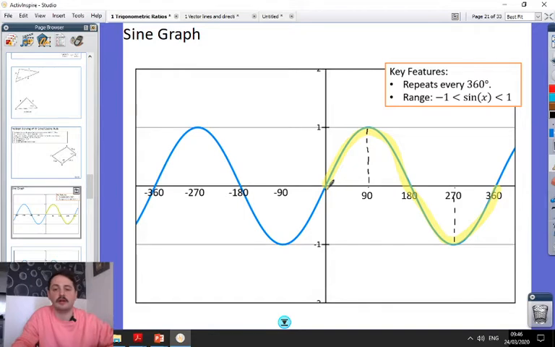Now, the sine graph, and we'll explain why in the future, actually repeats itself. It doesn't just have this section of the graph. And actually, the thing that really is kind of weird is that you can even have angles that are bigger than 180 and that are smaller than 0. Because if you imagine where the definitions of sine, cos and tan came from, they came from right-angled triangles.